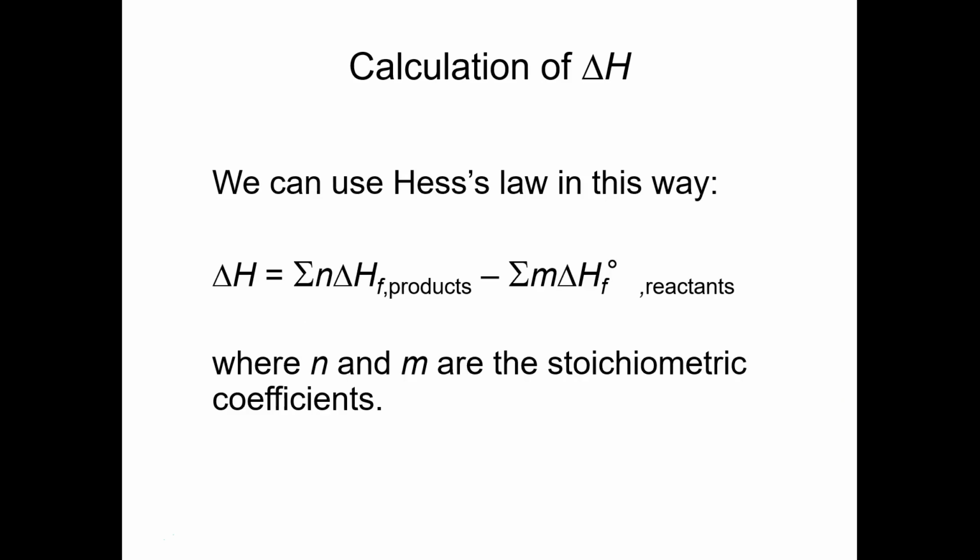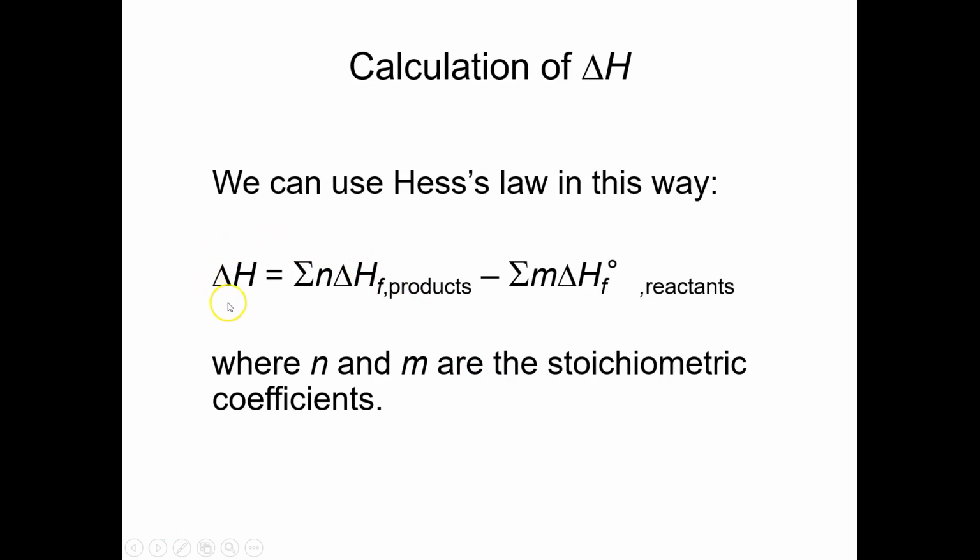Okay, so we can use Hess's law in this way, and this is an equation that you really want to get your brain around because it's going to be used a lot, not only in this chapter, but in other chapters involving enthalpies of reaction. We'll also see this same equation for entropies and for what are called standard free energies of formation, Gibbs free energies.